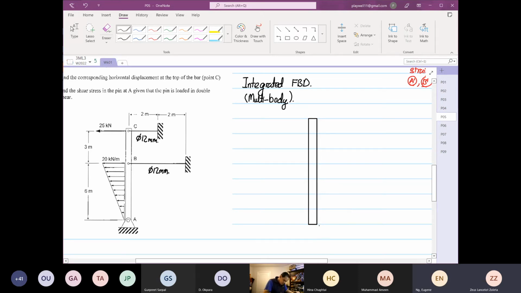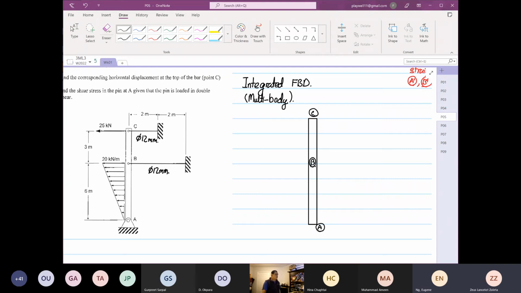This is your point A. Over here is our point B, and over here is our point C. Now we know that the cable at point B and point C will be under tension. Yes or no?